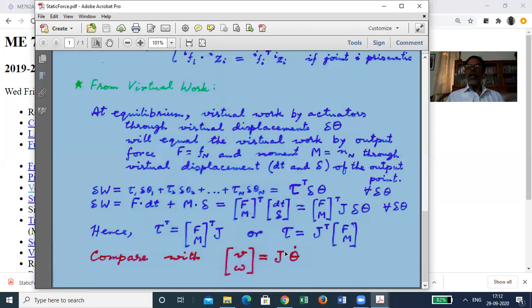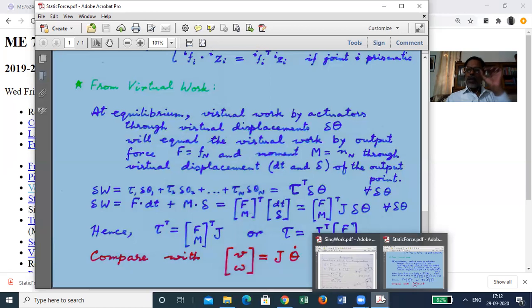And this gives rise to an interesting similarity, rather duality, between the velocity kinematics and statics. So whatever happens from input to output side for velocities, the same thing will happen from the output to input side for forces.